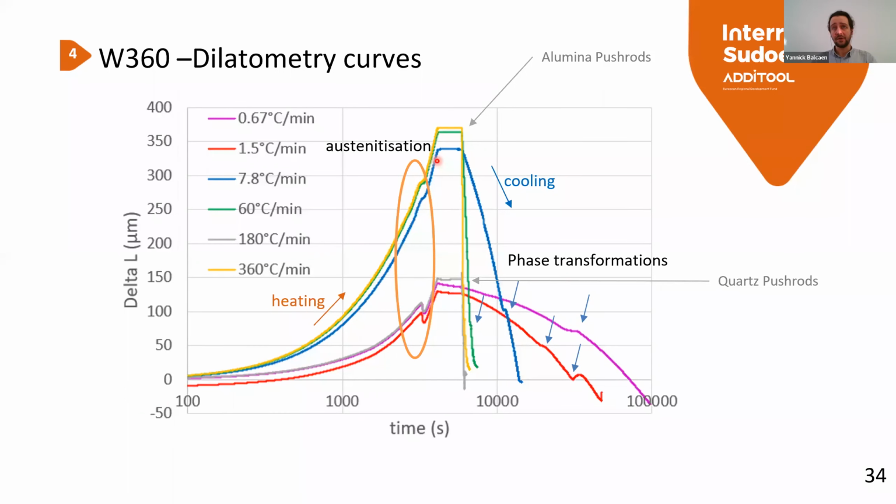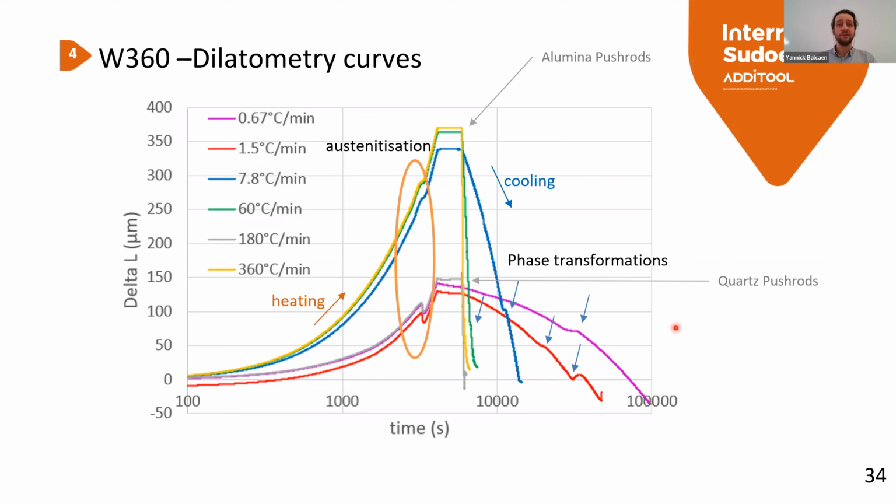And at the cooling, we also observe anomalies on the cooling of the material. We have to notice that we have high levels of deformation of thermal dilatation using alumina push rods, different from quartz push rods.